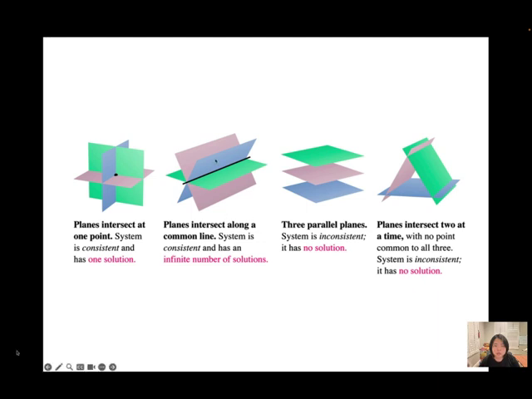Or when the three planes intersect in a line here, this is called infinitely many solutions. Or all three planes are parallel to each other. They don't have an intersection point, so this is no solution. Or they intersect like this way, so this is called no solution also.